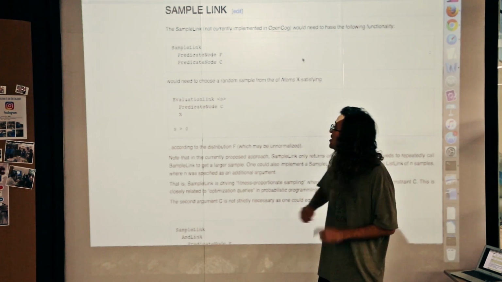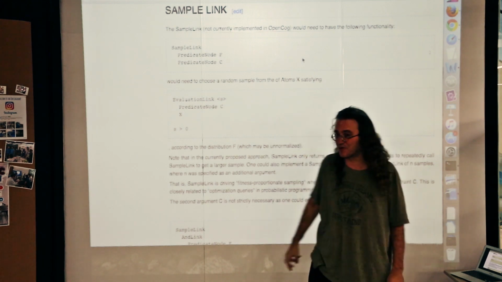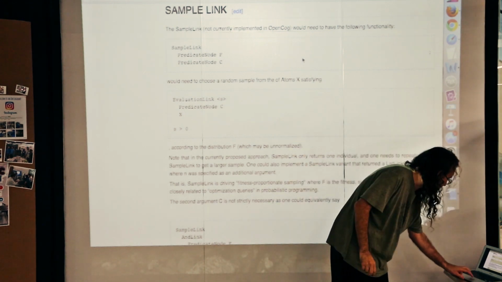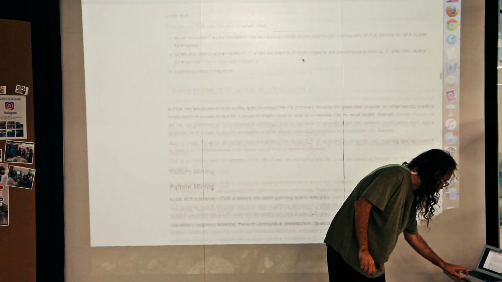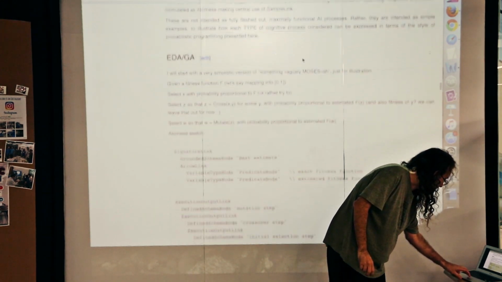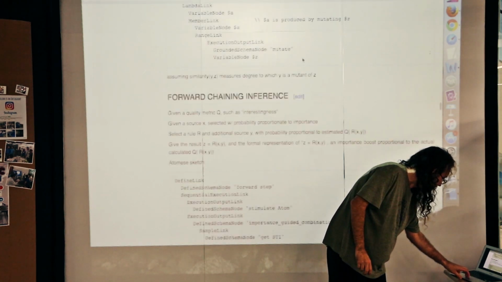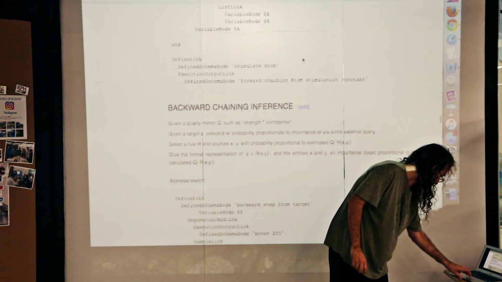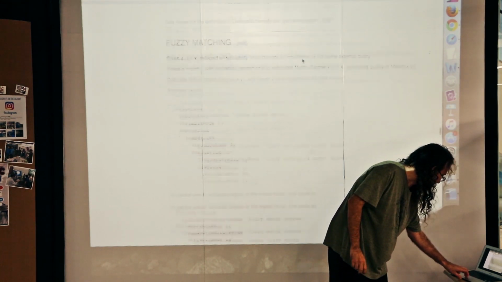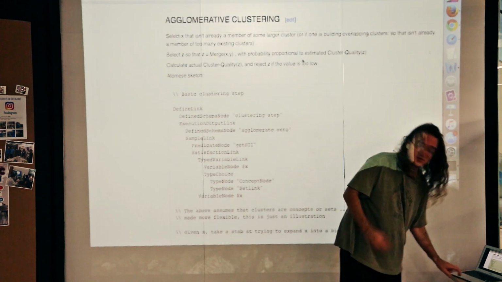But what I did in this wiki page called OpenCog Probabilistic Programming, which I won't go through now because we've used a lot of time, is spell out how you would implement something like MOSES or a genetic algorithm, how you would represent forward chaining or backward chaining inference, or fuzzy matching, or clustering.